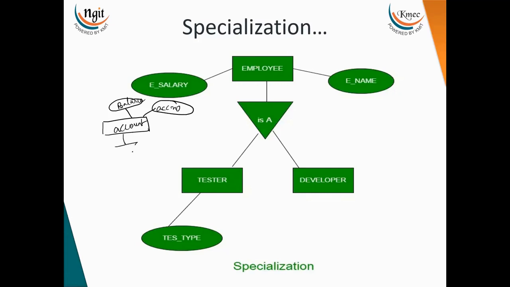Now from this, we can create two other entities which have a relationship with the account entity. So let the two other entities be current account and savings account.